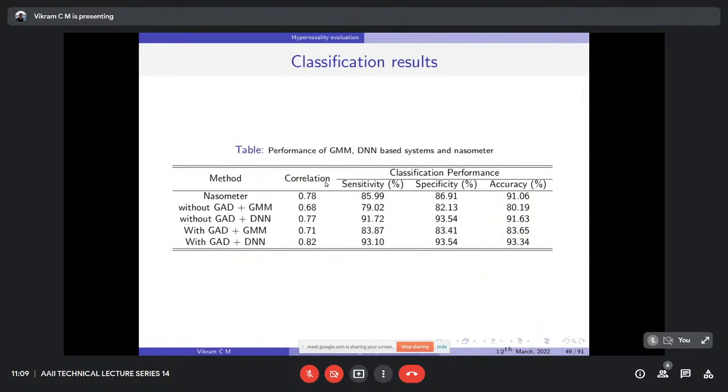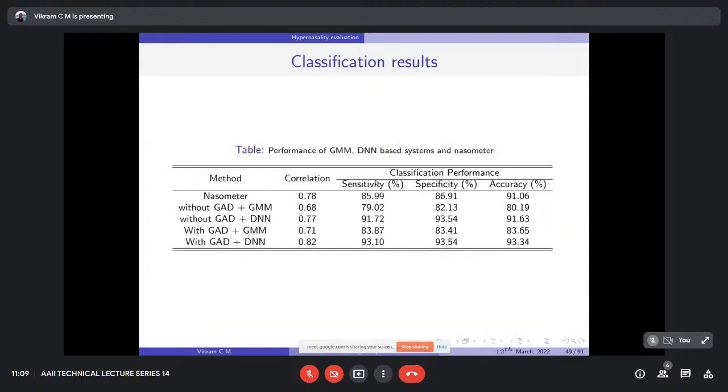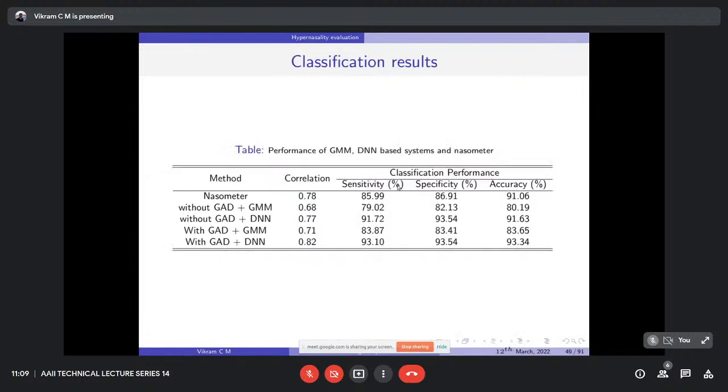One is the correlation coefficient between the ratings and the posterior scores. The other is classification, that is whether it is normal or hypernasal, where hypernasal may be mild, moderate or severe. This binary classification performance we evaluated in terms of sensitivity, specificity, and accuracy.